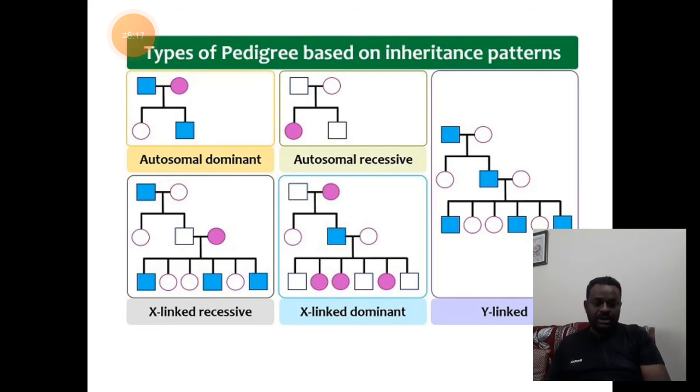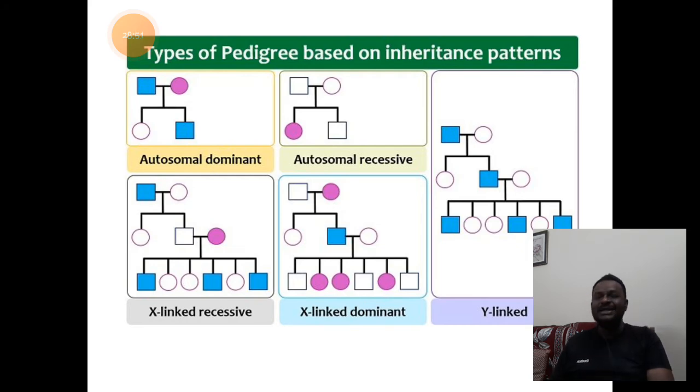Now, this X-linked recessive pattern of inheritance is very important, because the example that we are going to study in today's session, or whatever is prescribed in your syllabus, is related to this pattern of inheritance. There is a specific pattern of inheritance in X-linked recessive condition, which we call criss-cross inheritance.